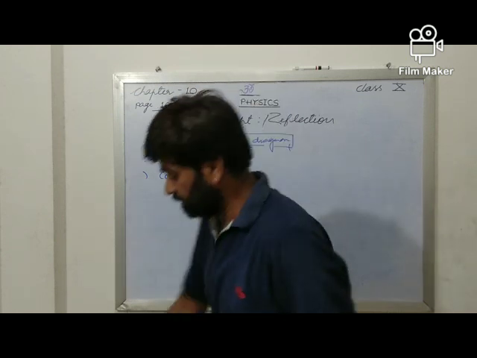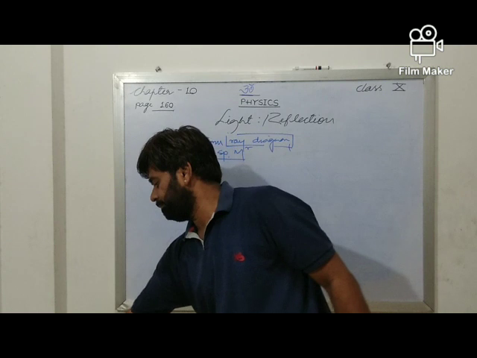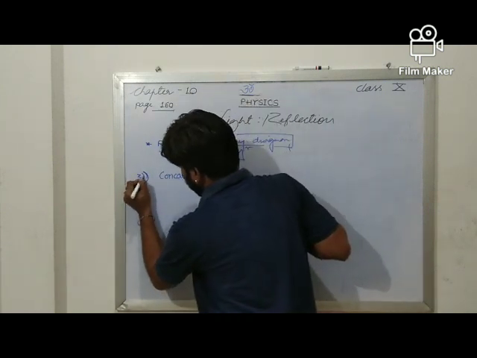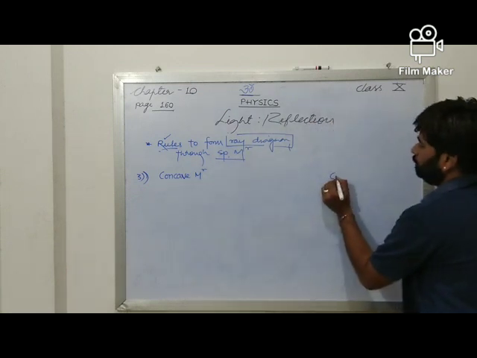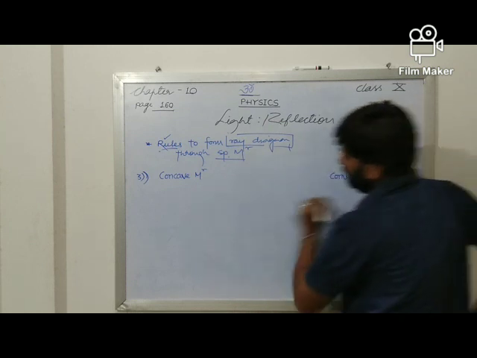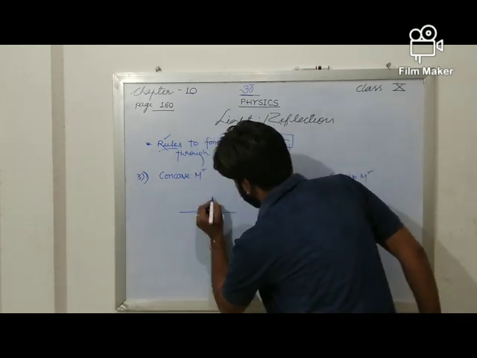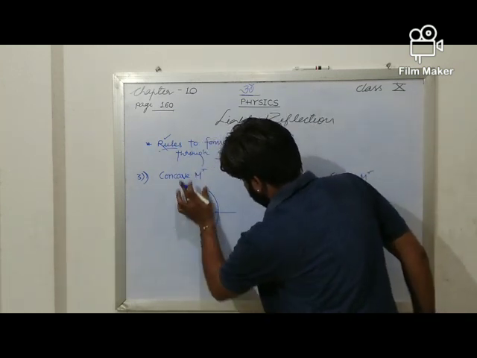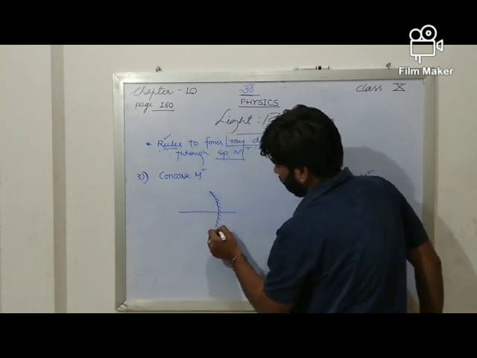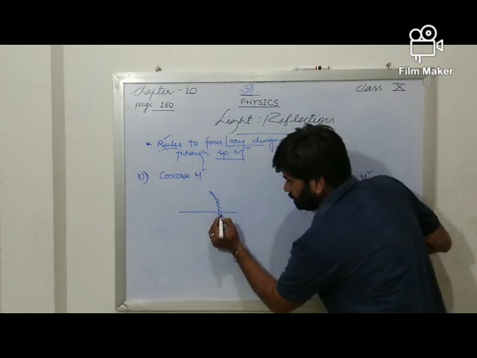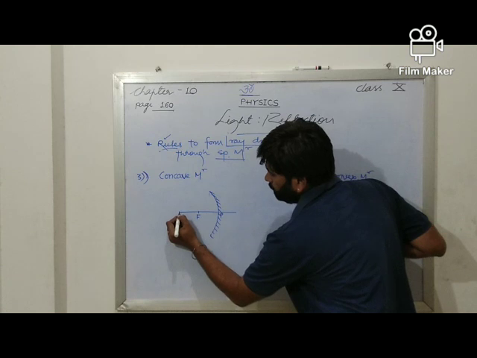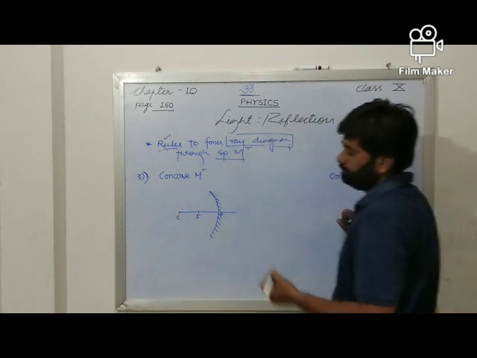Very simple, very basic and very simple. Rule number 3 for concave mirror and for convex mirror. Again I am drawing this so that you may have an idea. This is the pole, at equal distance there will be the focus, at equal distance there will be the center.